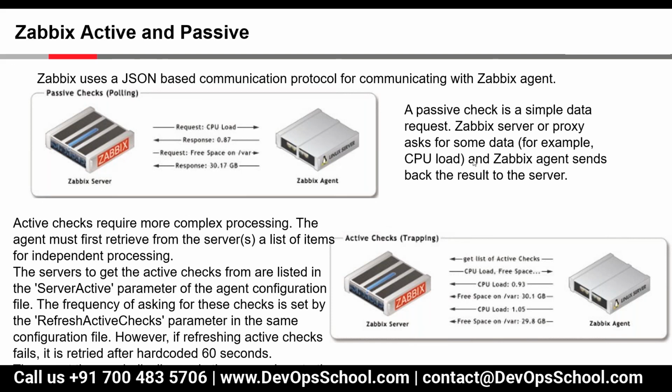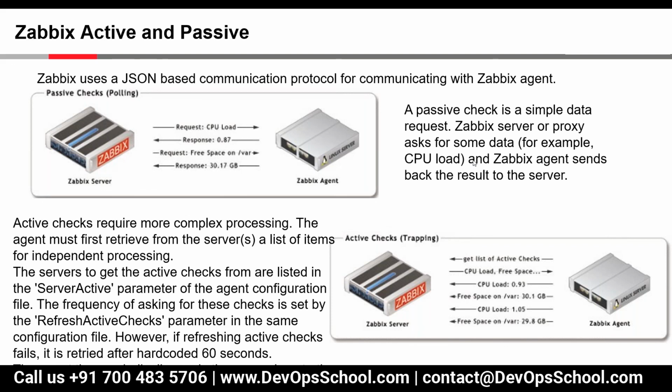Even when you are creating an item, there is a type. Have you checked that? There is a drop down for the type, that it should be a Zabbix agent, and in bracket it is written active. Yes, I have seen it.